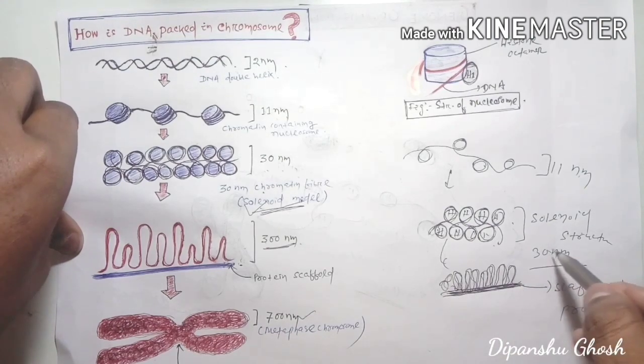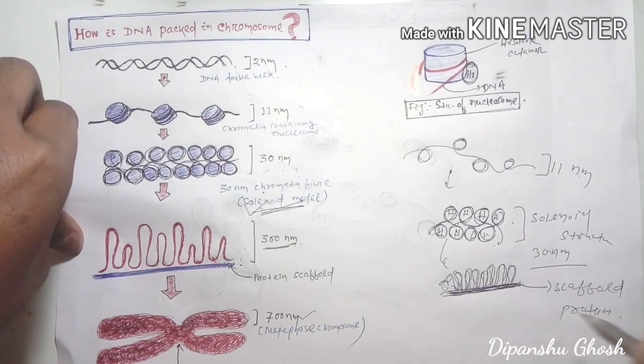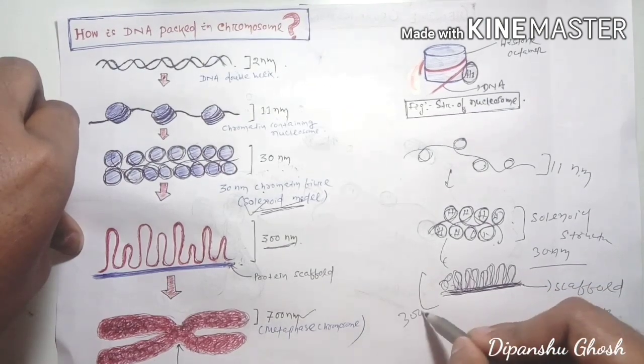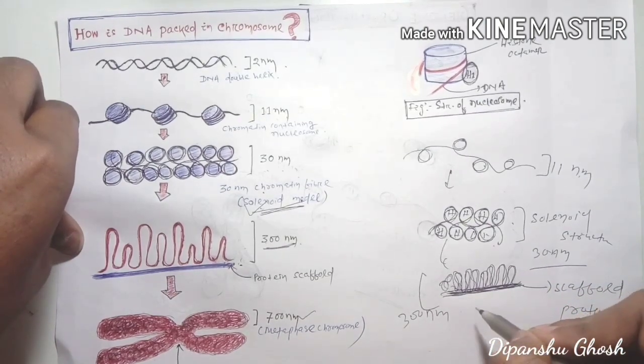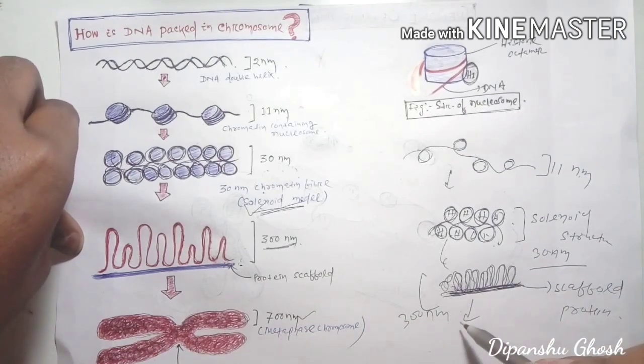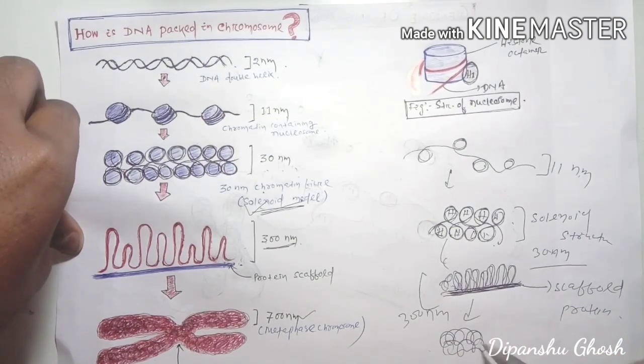So now the 30 nanometer fibers will be more condensed by the scaffold protein to finally form the 300 nanometer fibers. Okay, and finally the 300 nanometer fibers will be further condensed to form the metaphase chromosome, like this.